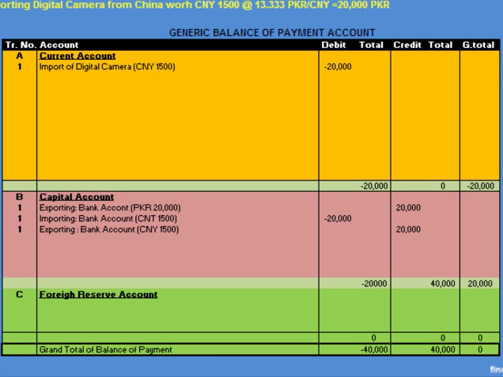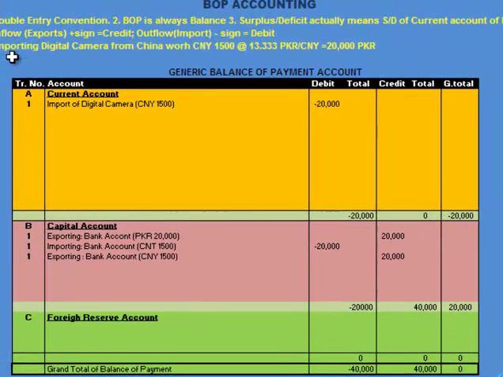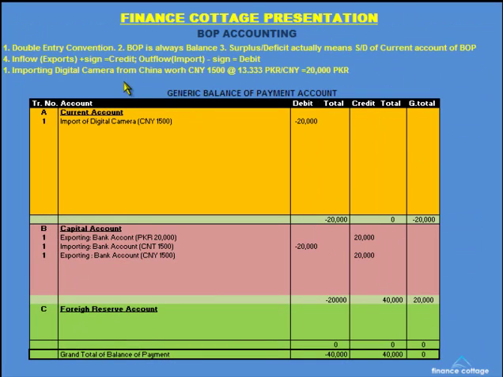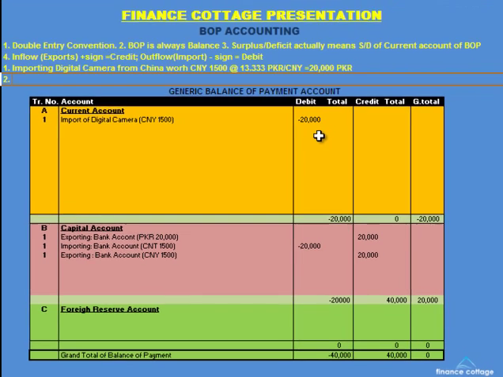Okay, let's just write the second transaction. The second transaction, so just write this transaction over here. The second transaction is that the seller of digital camera wants to buy some equity securities in Pakistan. This means that he wants to make a portfolio investment in Pakistan.